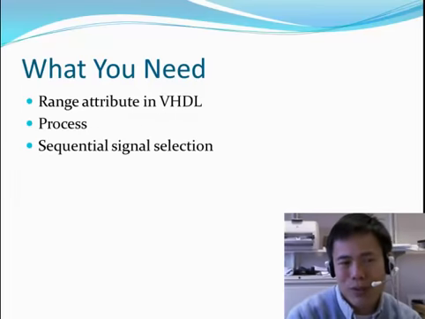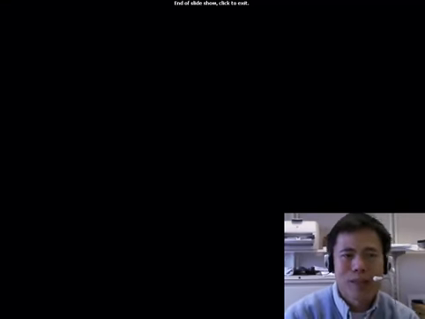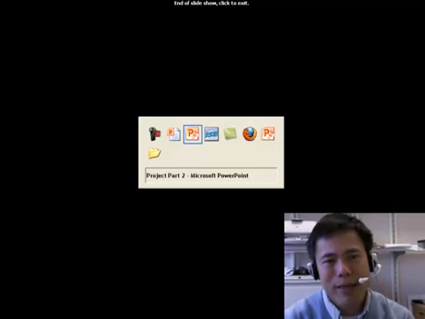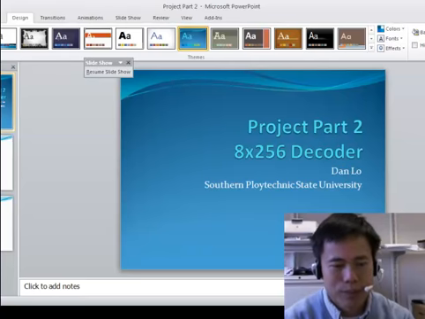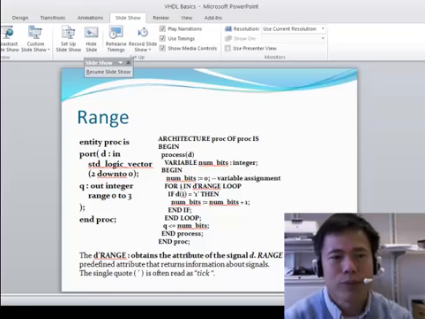Therefore, you also need to understand the sequential signal selection statement. I'll show you later, and that's all you need. So now let's get back to the slides I showed earlier for the range. So here's the range.